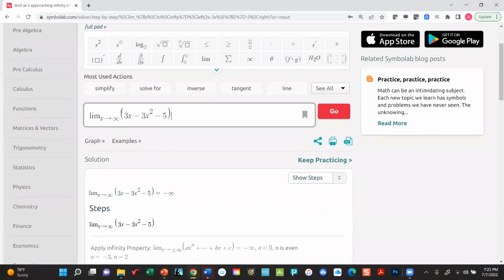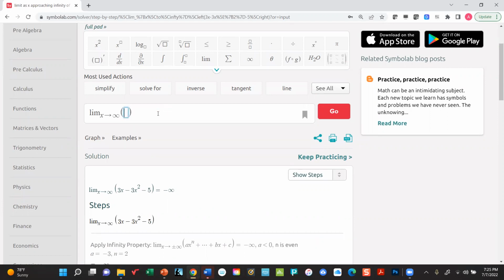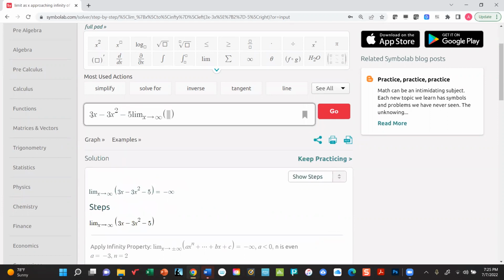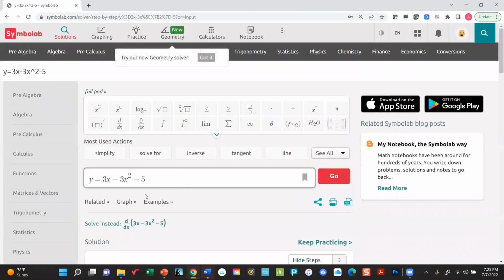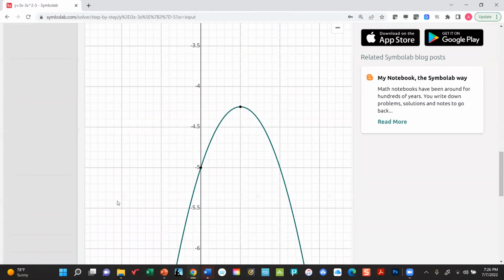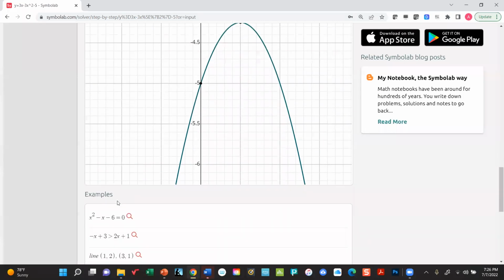So let's look at the graph and see why. Okay, well, there you go. You can see what's happening here.